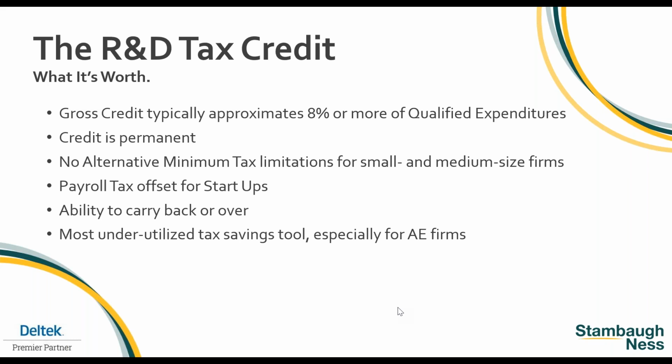Now, why are we talking about the credit today? I see there were a few people that answered, we tried the credit previously, but didn't qualify. Well, there were some changes to the credit. And it's amazing how fast time flies. It seems like this was just yesterday that the rules changed, but it was the whole way back to the fall or winter of 2015 that the door really opened for people to take great advantage of the R&D tax credit.